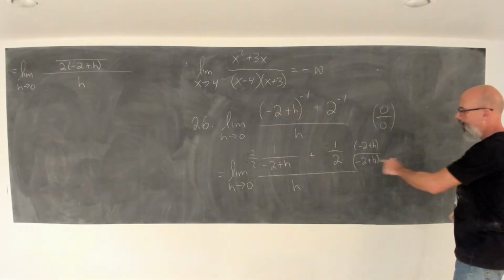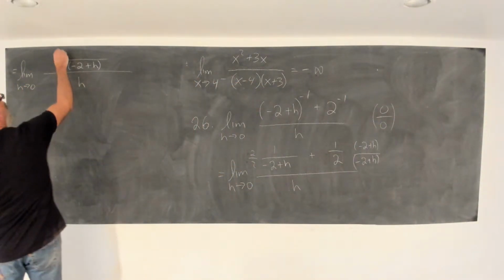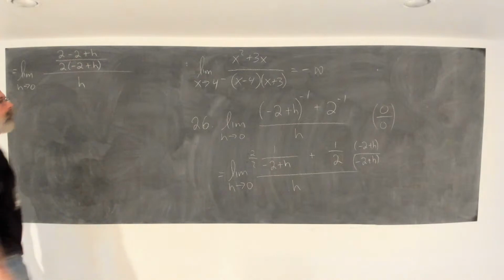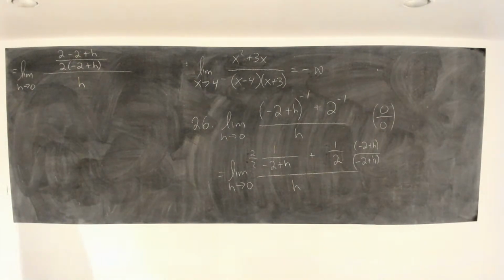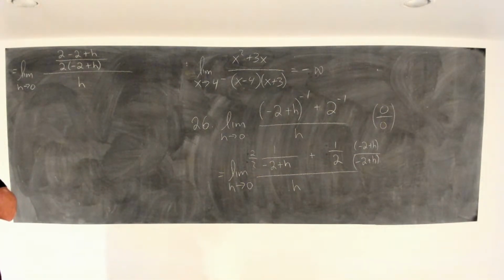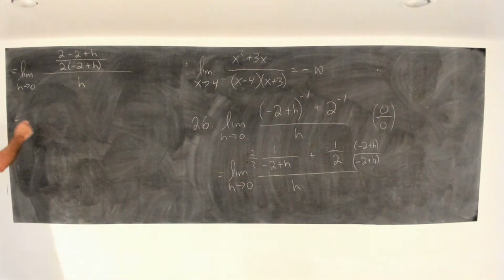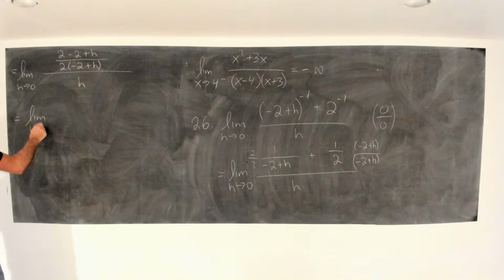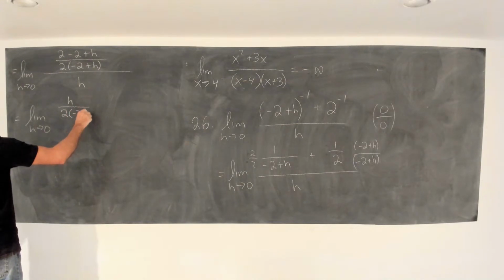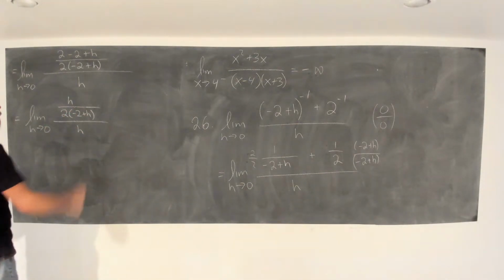I'm multiplying by 1, I'm not changing anything. So the numerator becomes 2 minus 2 plus h. Is everybody comfortable with that? So this is h over 2 times minus 2 plus h, the whole thing over h.